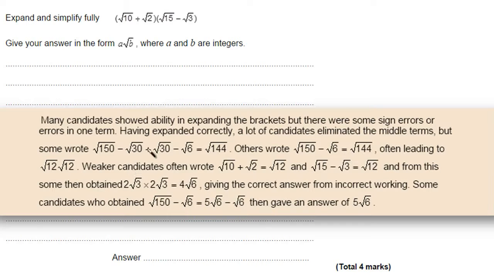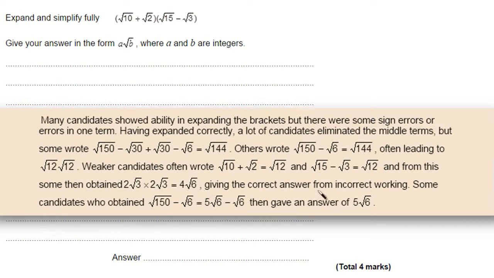Weaker candidates added together the root 10 plus the root 2 to give root 12, and they subtracted root 3 from root 15 to give root 12, neither of which you can do. However, some then obtained, from doing this, 2 root 3 times 2 root 3, which got them 4 root 6, coincidentally giving the correct answer from incorrect working.